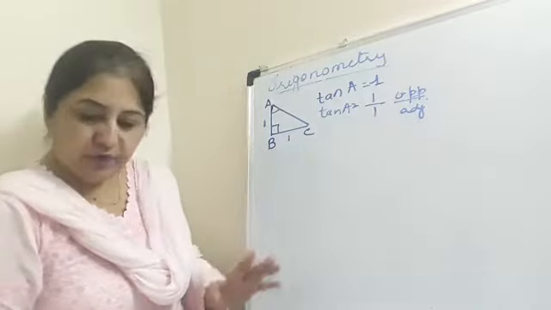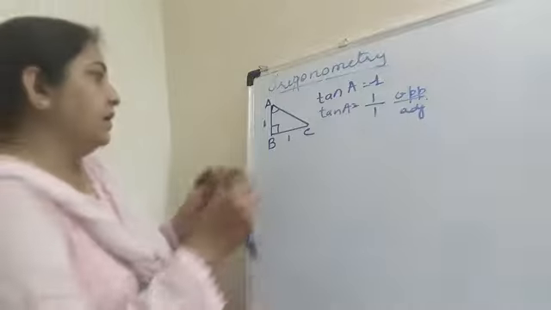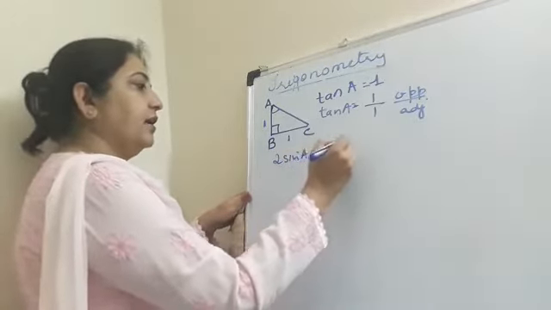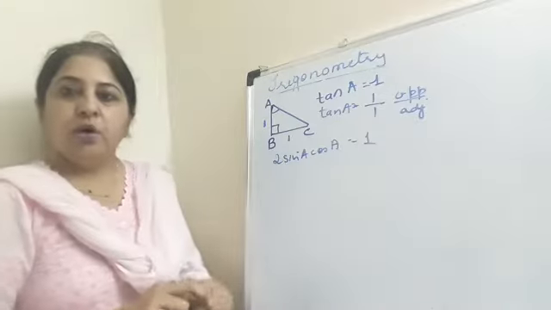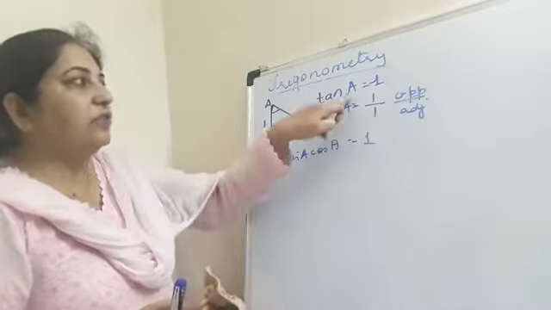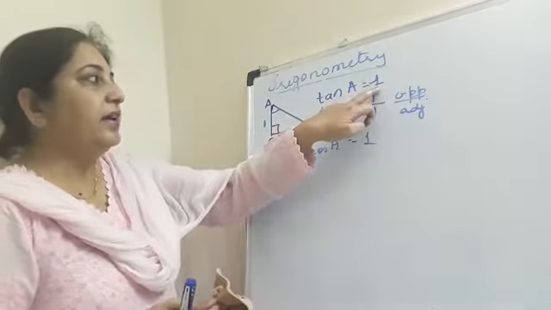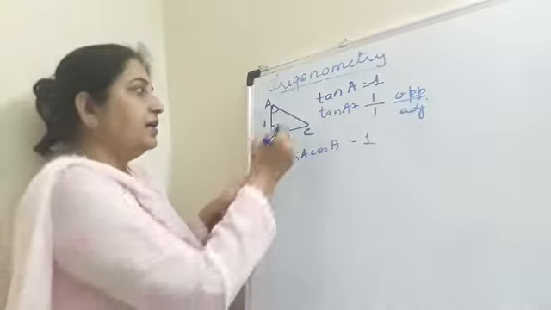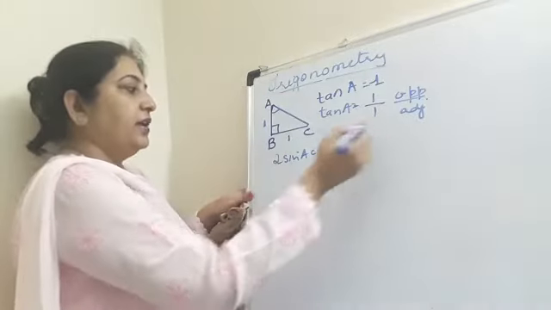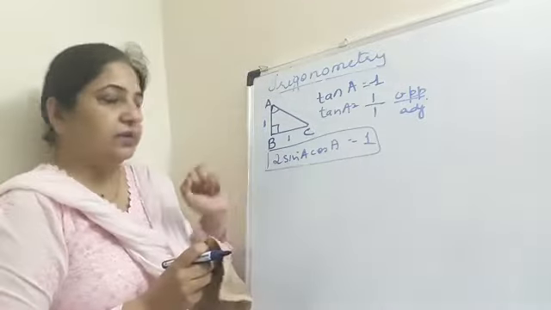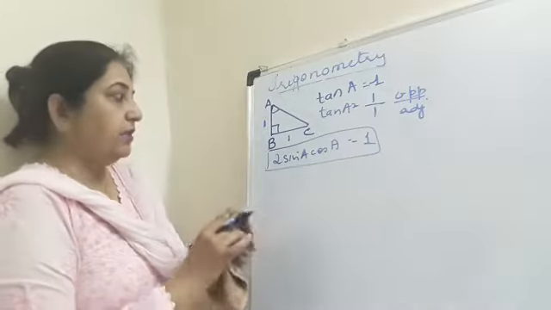You have to prove in this question that 2 sin A cos A is equal to 1. I hope you understood the question. The triangle is given, the value of tan A is given as 1. We take out the adjacent and the opposite sides of angle A, and we have to find out whether 2 sin A cos A is equal to 1 or not. We have to prove this. Okay, so let's begin with the question.